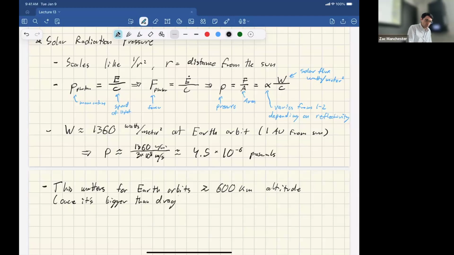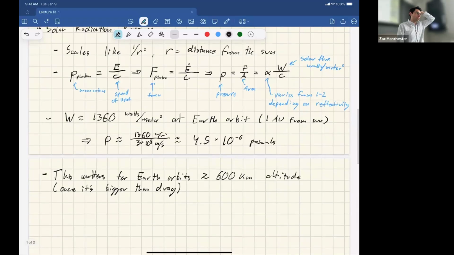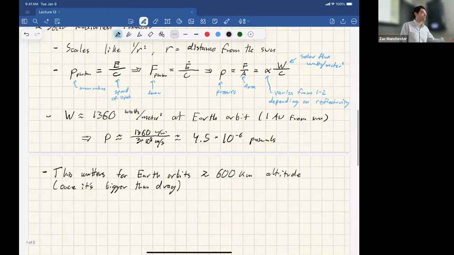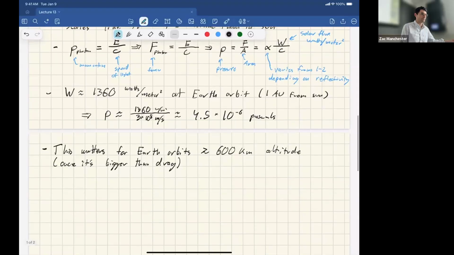Okay. So far we've got drag and solar radiation pressure. Any other ideas? What else do we need to worry about? No. The body forces. Not so much, it turns out.